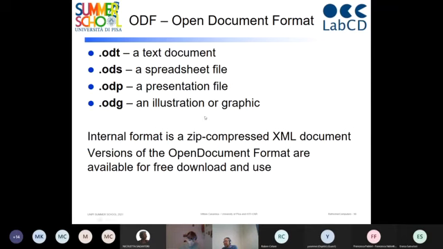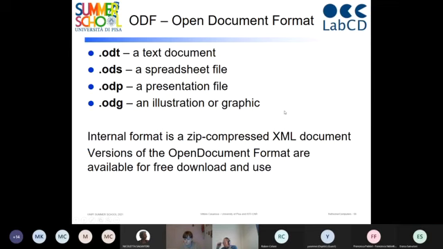Internally, this is basically an XML document. We will come back to what an XML document is, but it is compressed, so that is a very compact format. And you have all the possibility to represent a document, text, spreadsheet like Excel, presentation like PowerPoint, graphic, and so on.